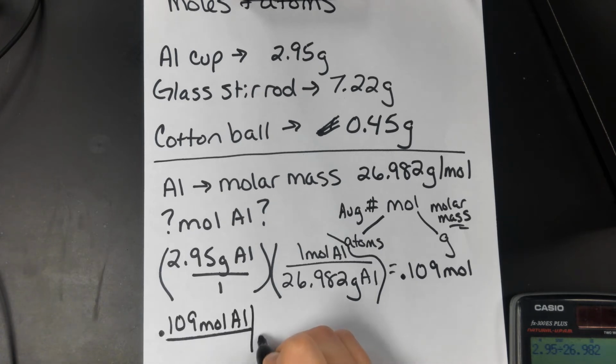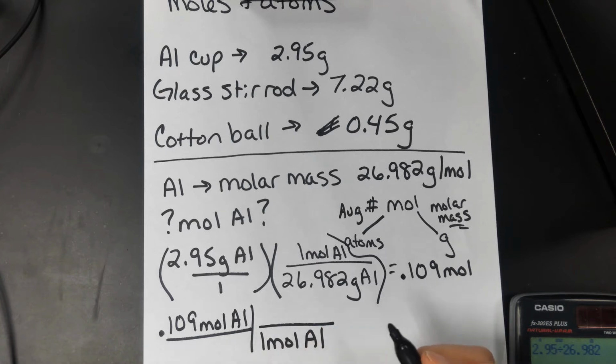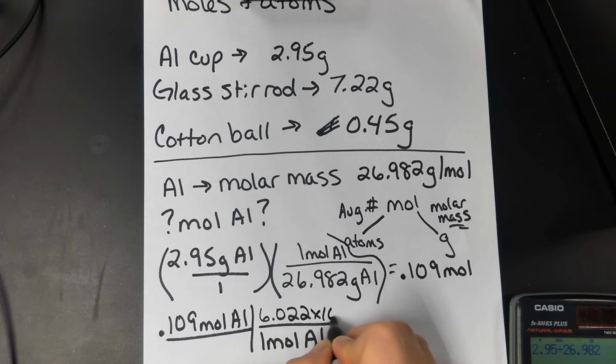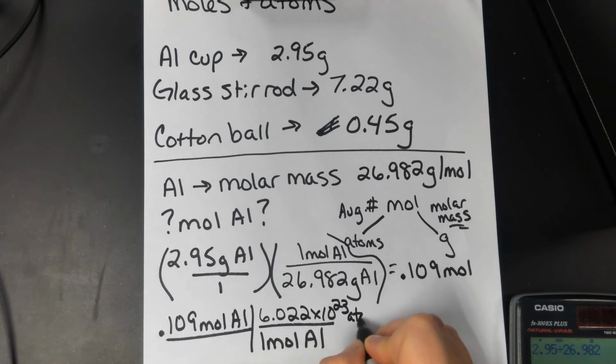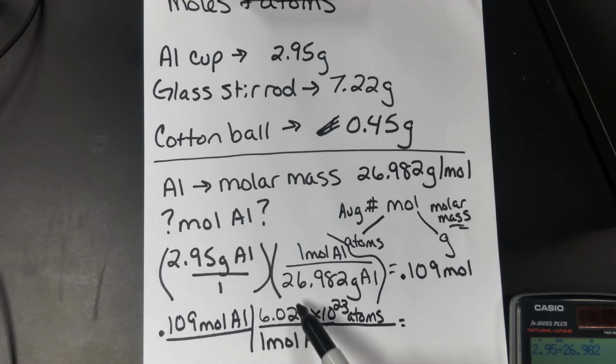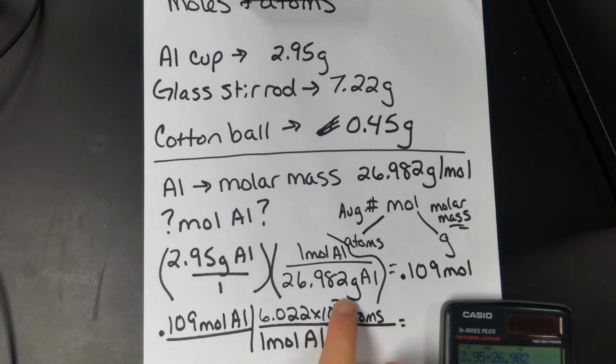And I know that for every 1 mole of aluminum, I have how many atoms of aluminum? 6.02 times 10 to the 23rd atoms. Right? Now, moles are going to cancel out, and I'm left with just atoms. So remember this ratio. If you want a mole of atoms, you're going to have 6.02 times 10 to the 23rd atoms. So multiply by all the tops, divide by all the bottoms. The bottoms are all just 1, right?